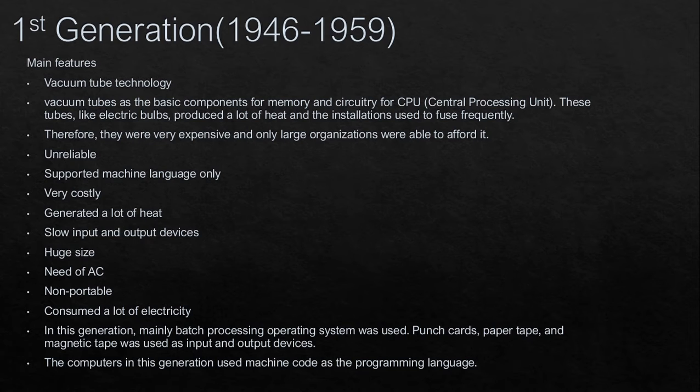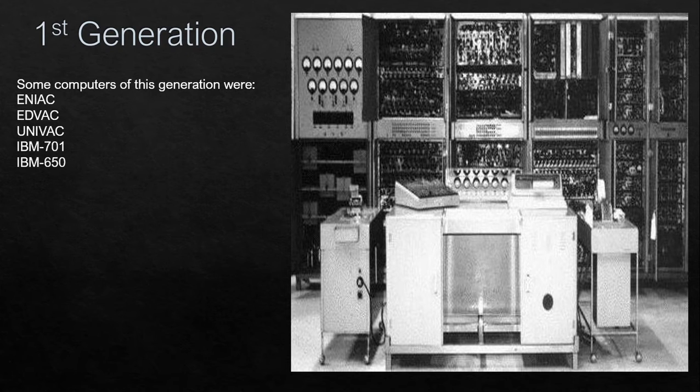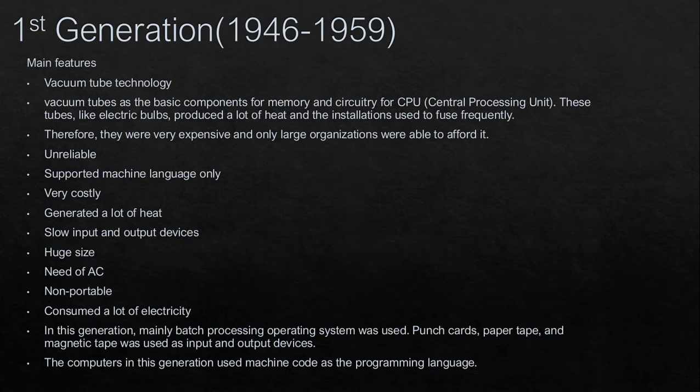AC is required. AC means air conditions. The cost is very high and it supports only machine language. Input and outputs are very slow. As you can see, how big is the size. It's non-portable, means we can't move one place to another place very easily.